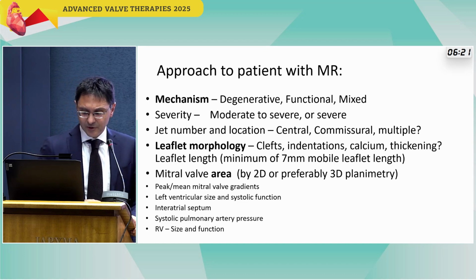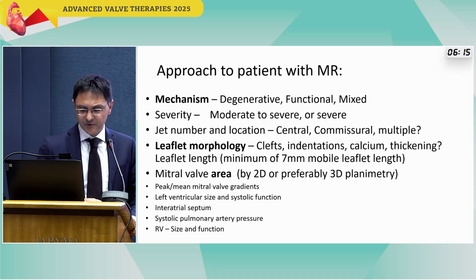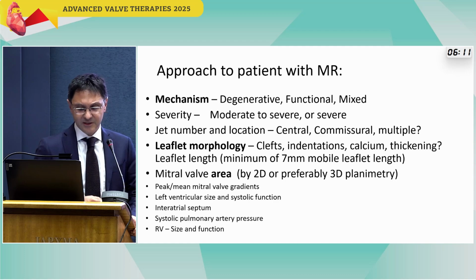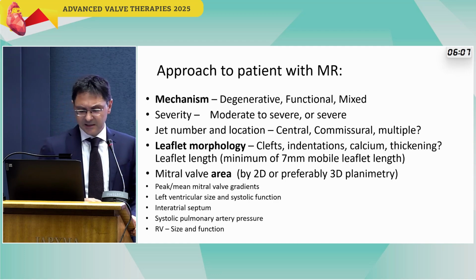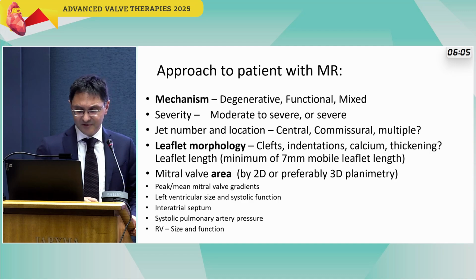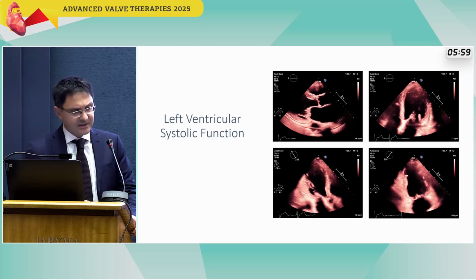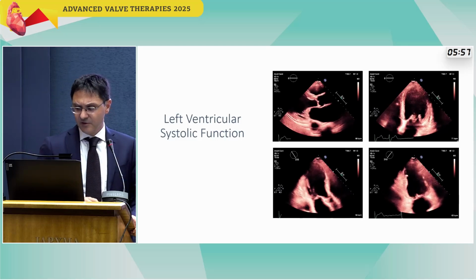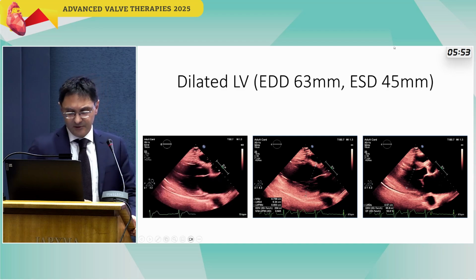In our approach to those patients, we always consider factors such as the mechanism of the regurgitation, the severity, the jet number and location, the leaflet morphology, the leaflet length, and the mitral valve area. So our patient has a dilated left ventricle with an adequate ejection fraction.